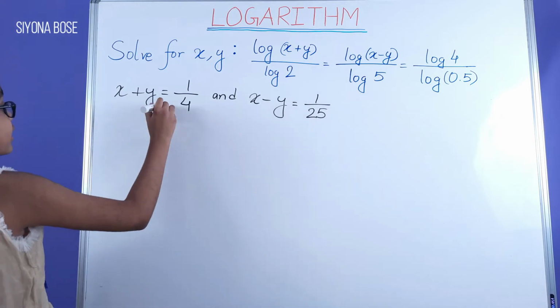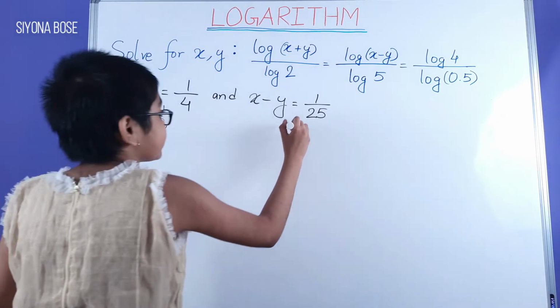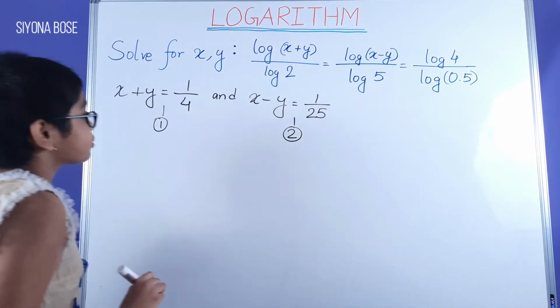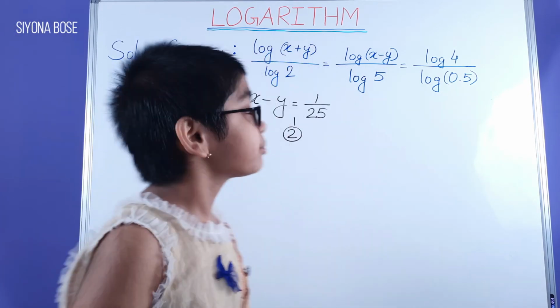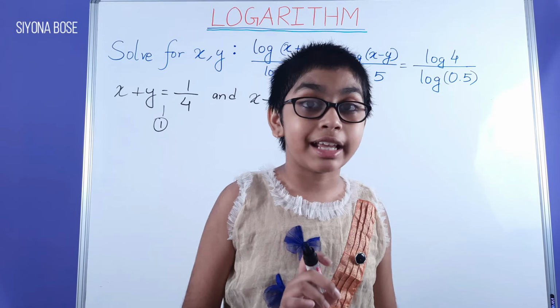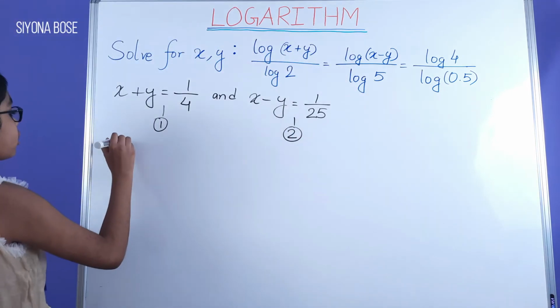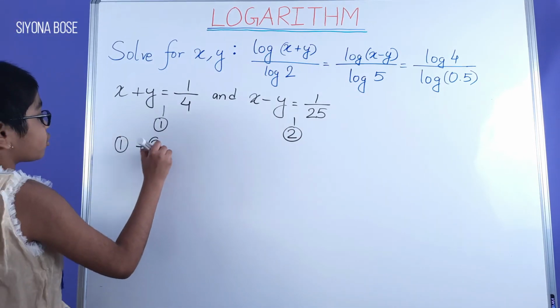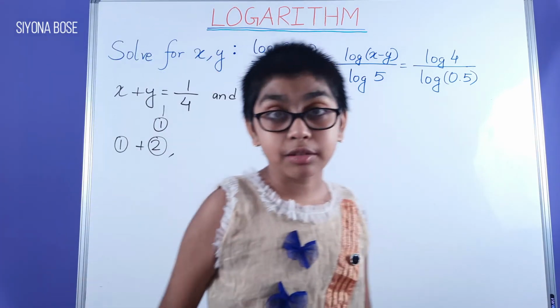Firstly, I'm considering this as 1 and this as 2. After thinking carefully, we got that if we do 1 plus 2, it helps us. So 1 plus 2 will eliminate y.